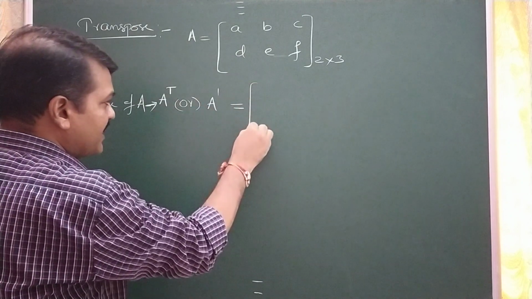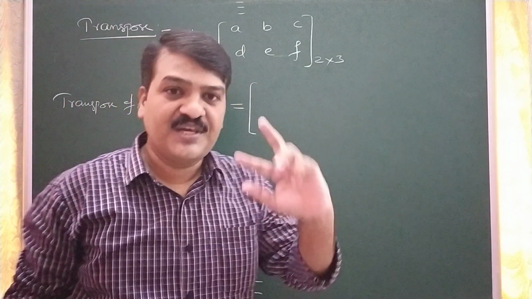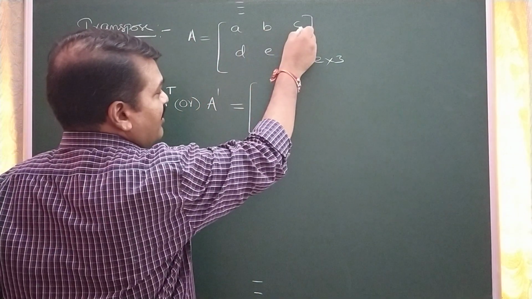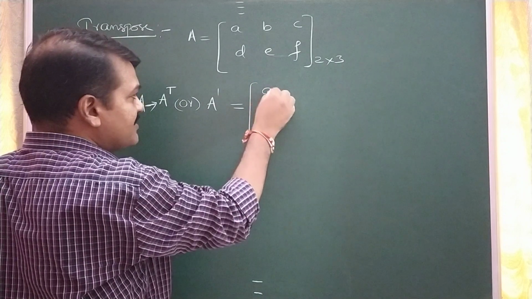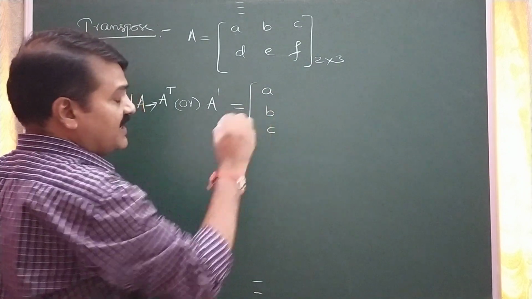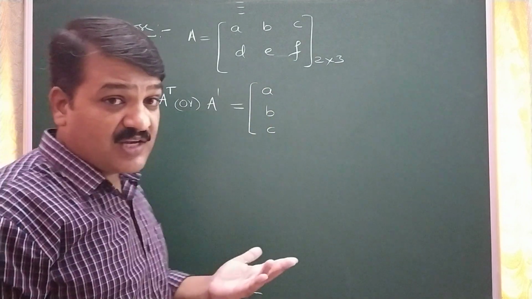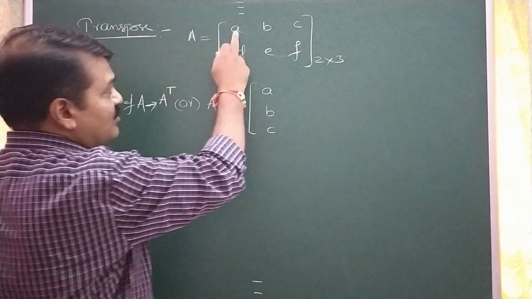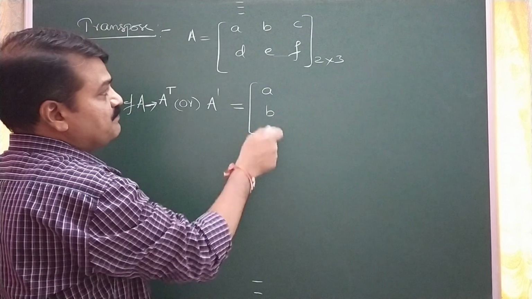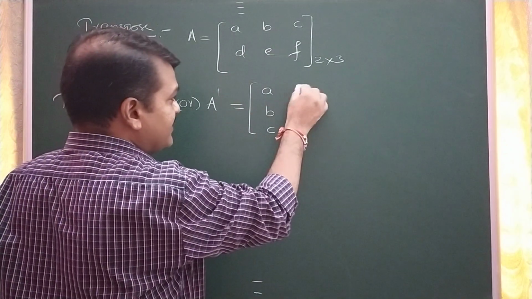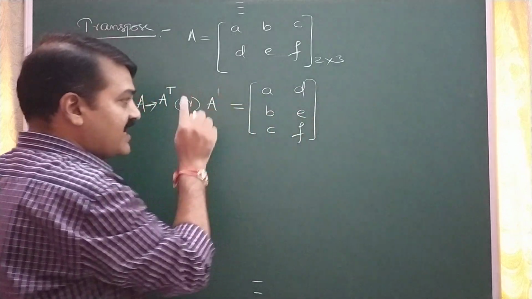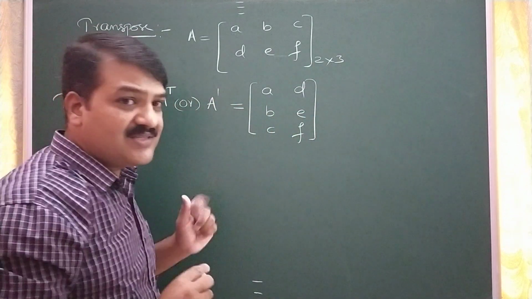So what is the transpose? You have to interchange rows and columns. That is, the first row of A is written as the first column here. Interchanging rows and columns means rows become columns, columns become rows. The first row is written as the first column, and the second row is written as the second column. So this is nothing but the transpose of A. Now what is the order?